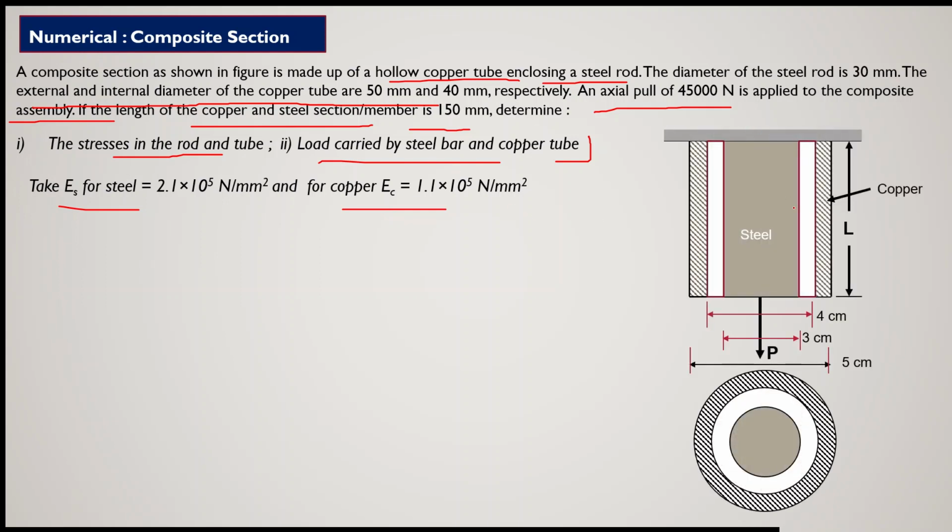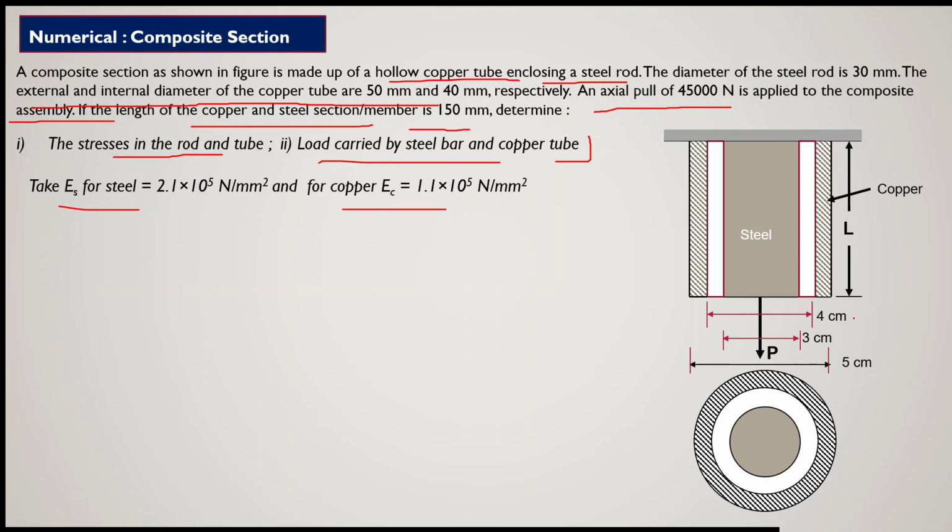So this will be the diagram actually. This outside shaded portion is a tube made up of copper having external diameter 5 cm, that means 50 mm.